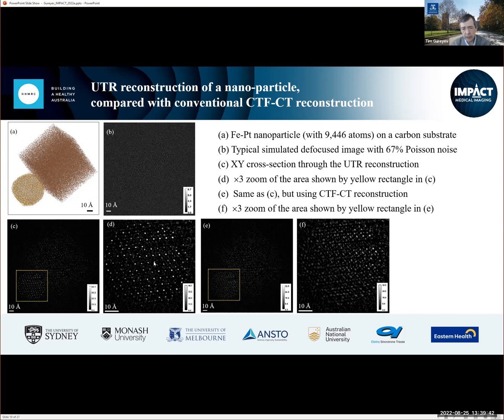So this is the reconstruction using the new method, which shows all the atoms very nicely. And this is the method which does exactly the same, but without the Ewald sphere curvature. So the more conventional method. And you see how the atom becomes progressively blurred towards the periphery, which is further and further from the center of rotation. That's the effect of the Ewald sphere when it's not taken into account.